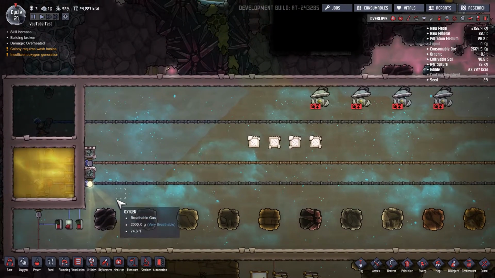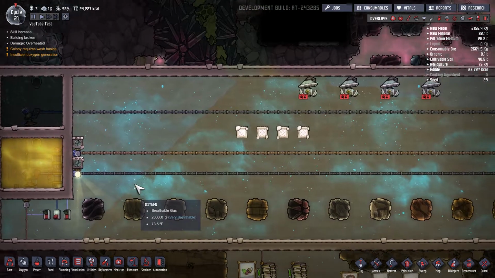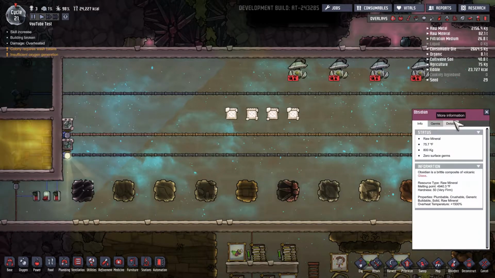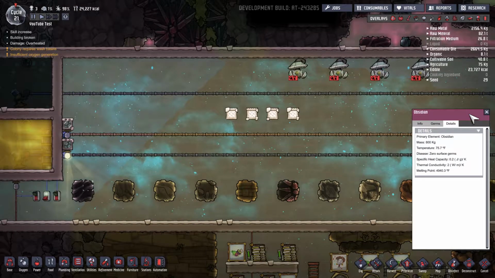Alright, so let's look at each of the materials in more detail. Obsidian. Now obsidian has two specific things that we're going to look at. One is specific heat and the other is thermal conductivity. Specific heat is the amount of heat required to change a unit mass of the substance by 1 degree in temperature.